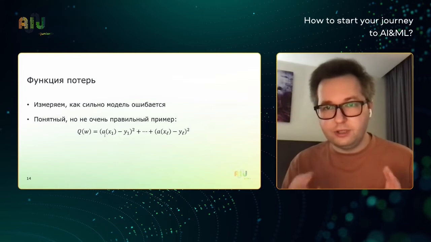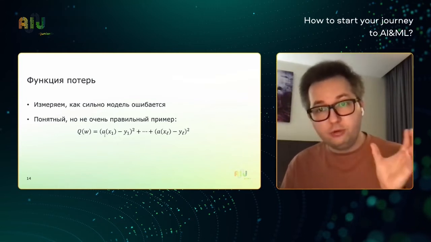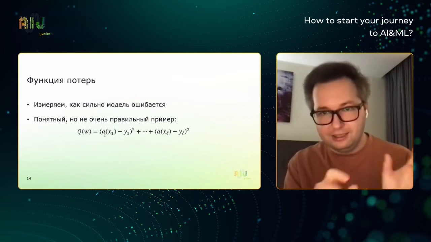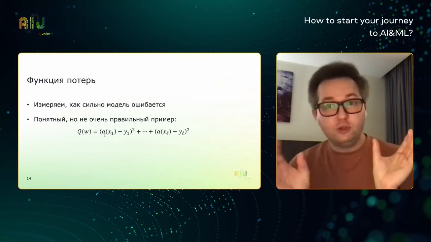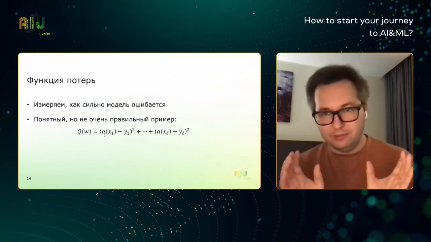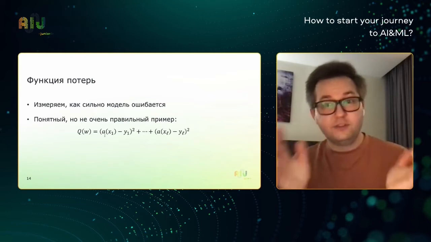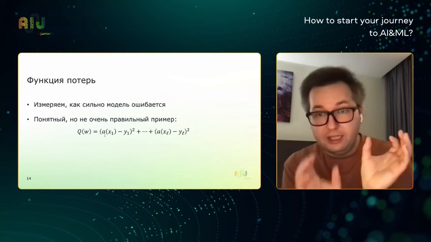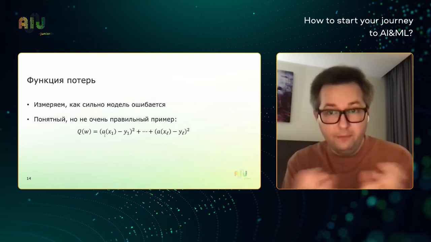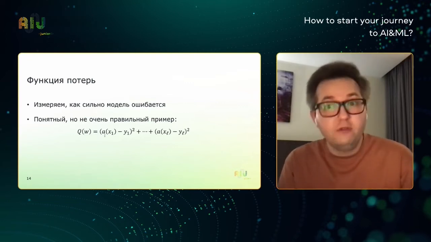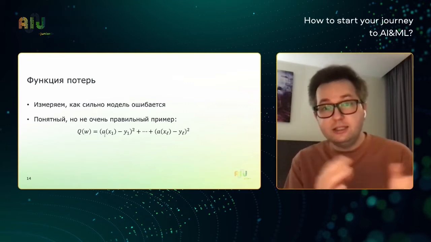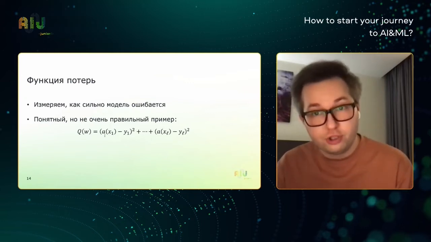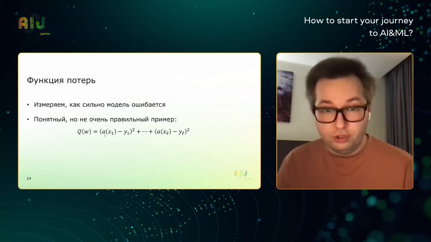I can take all objects of the train sample and look at what the model says, a(x_i), and I look at the proper answer. I deduct one from the other and then make a square of it. So if the right answer and what the model offers me coincide, then the mistake is 0.